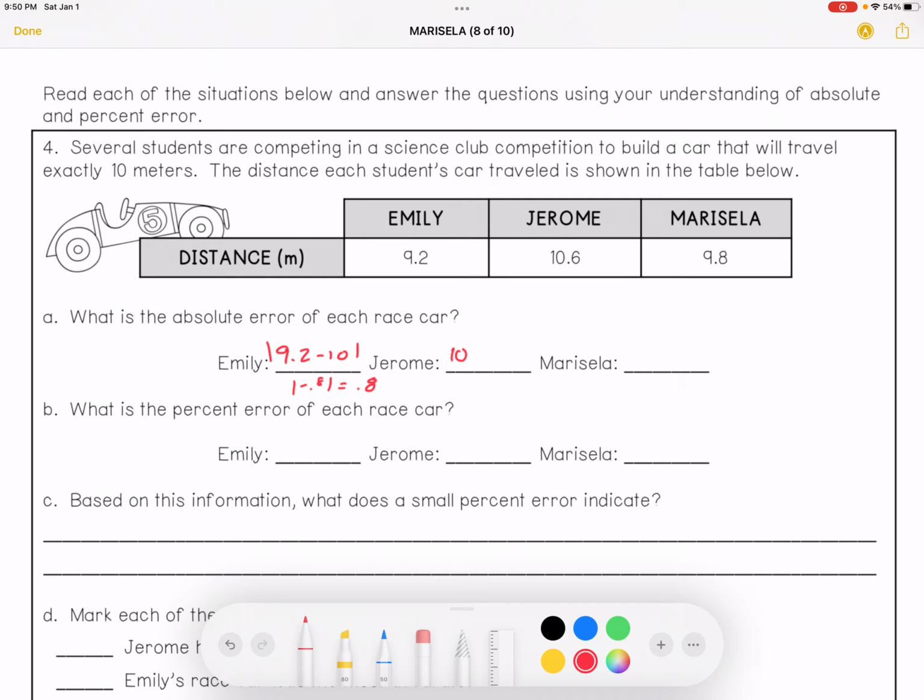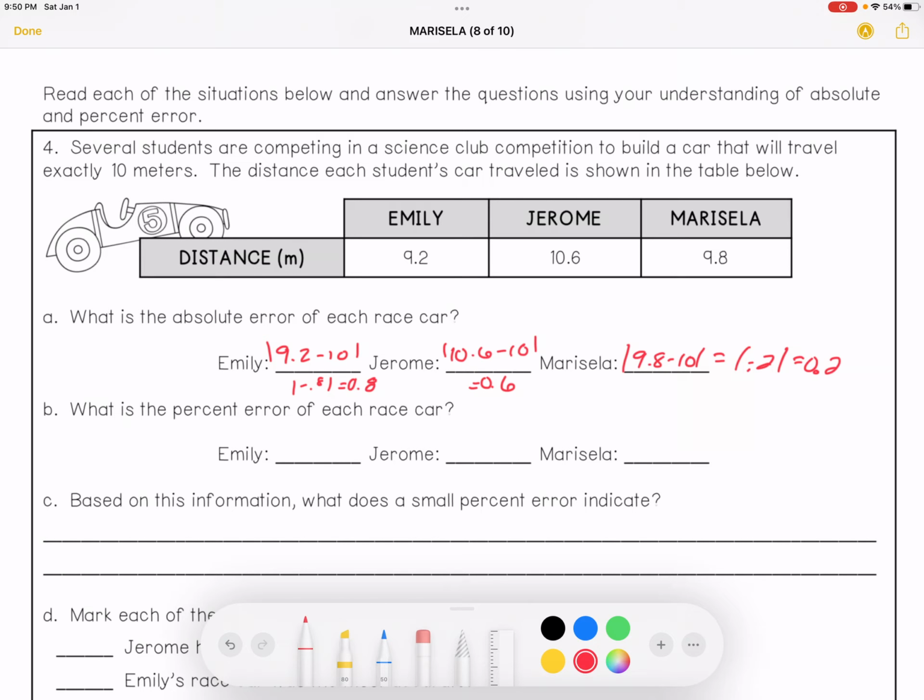Jerome's is 10.6 minus 10, or 0.6. We can even put zeros in front of them. Maricela is 9.8 minus 10, which equals the absolute value of negative 0.2, which equals 0.2.